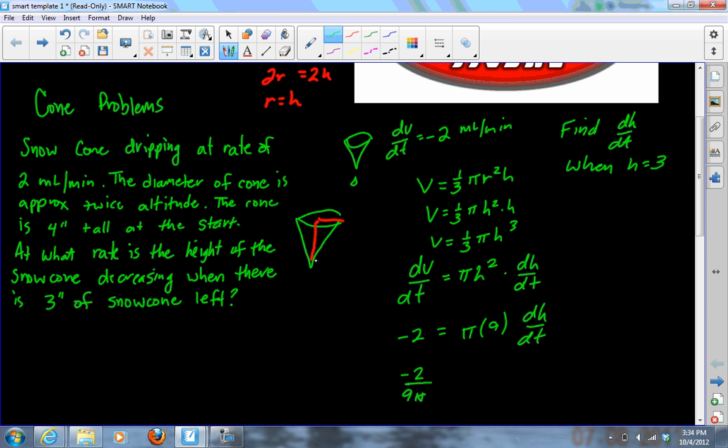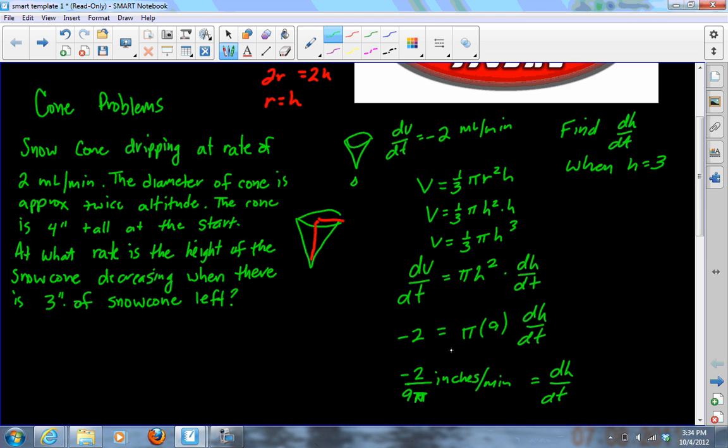My units are inches per minute, and that's what dH/dt is. I get my units from here, inches, from the height, and I'm talking about minutes, not seconds, so there's where I got my units. This is pi.